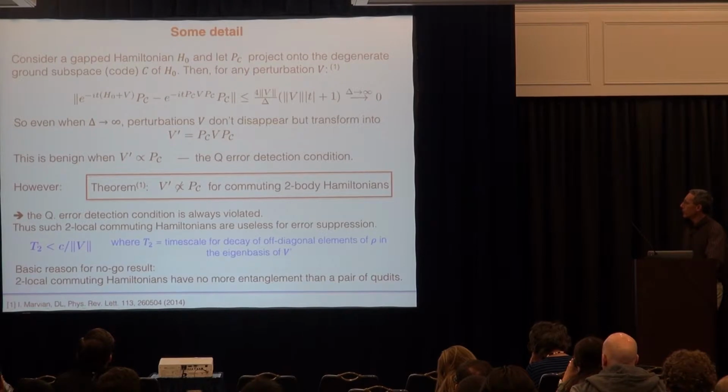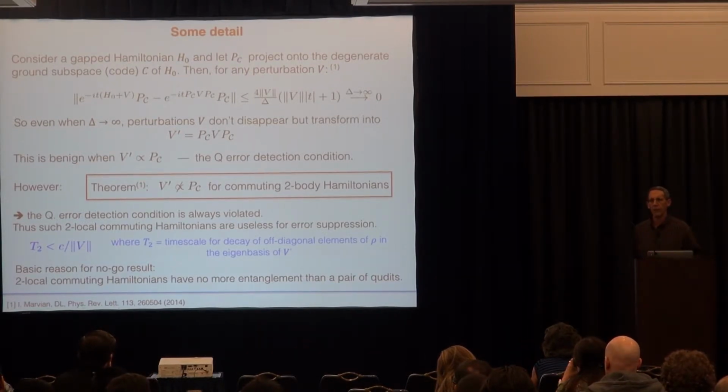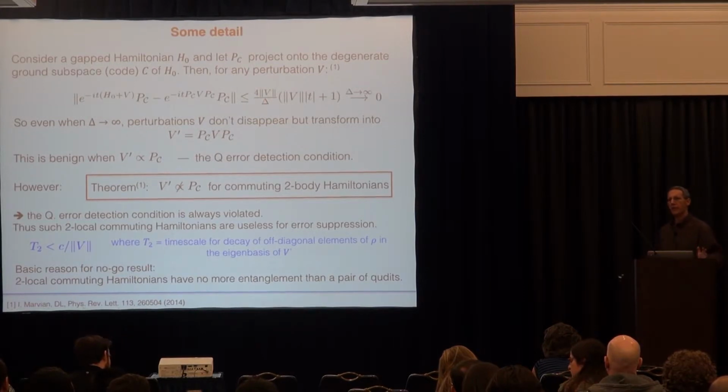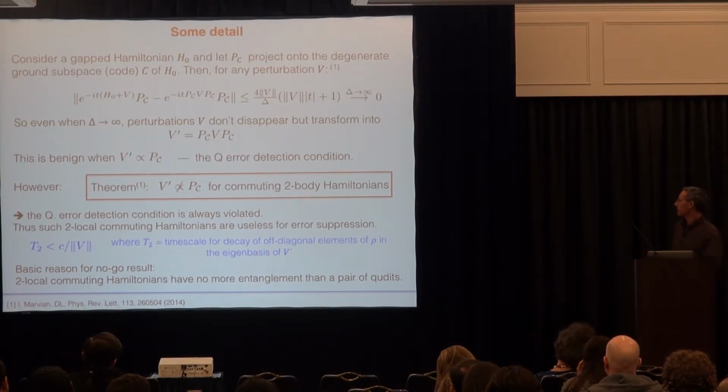Now the proof of this result is technically involved, but essentially the reason that this happens is that when you have two-local commuting Hamiltonians, it turns out that they have no more entanglement than just a single pair of qudits. So there's just not enough entanglement in the ground subspace in order to spread out the errors. That's the intuition.